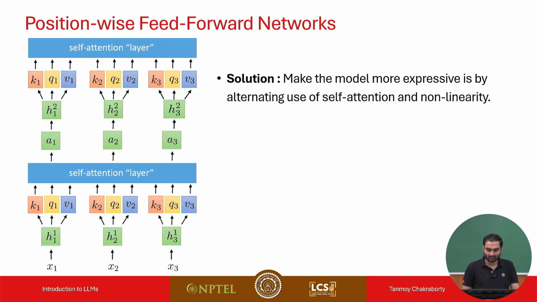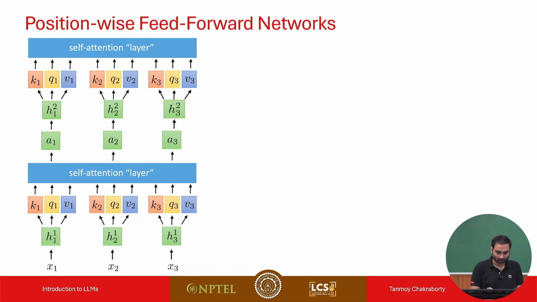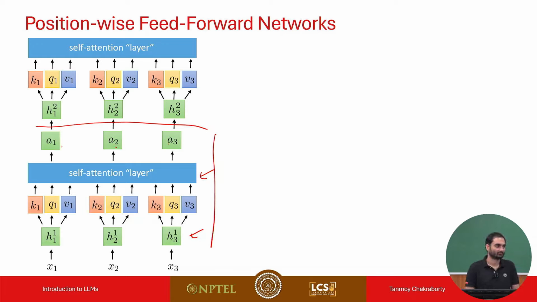Okay, so let's see how it works. Let's look at this part, till this part. So we have this input. We applied a single head self-attention layer, and you obtain these three attention vectors, A1, A2, A3. This is position 1, so this is A1, this is A2, and this is A3. Now remember, A1, A2, A3 are vectors.